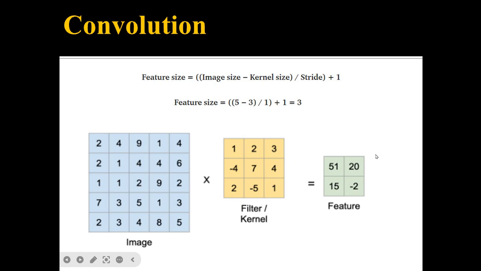In the previous slide, the feature size was 3 cross 3 because the stride value was 1. But here in this example, we are taking the stride value as 2, because of which the size of the feature has been reduced by 1. Therefore, now the size of the feature is 2 cross 2.